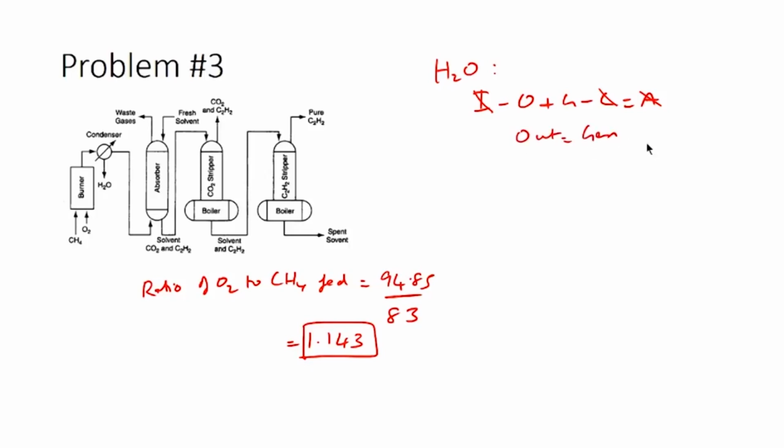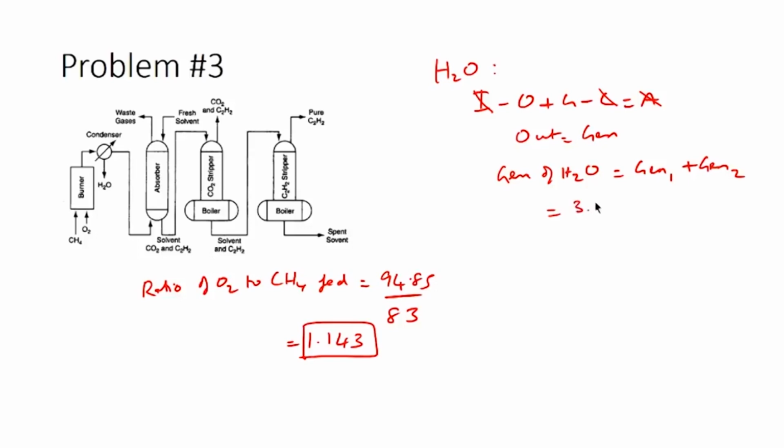So, we need to identify how much water is being generated. Water is generated by reactions 1 and 2. So, the generation of water would be equal to generation through reaction 1 plus generation through reaction 2. Looking at the stoichiometry, for every mole of carbon dioxide produced, 2 moles of water are produced, and for every mole of carbon monoxide produced, 2 moles of water are produced.